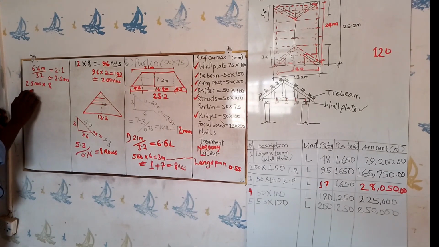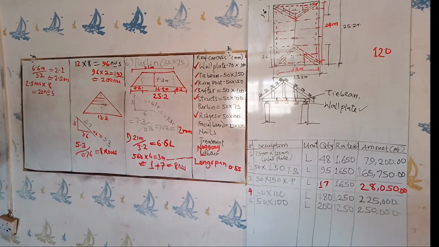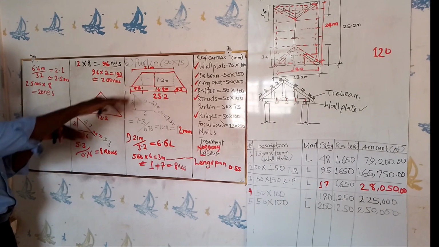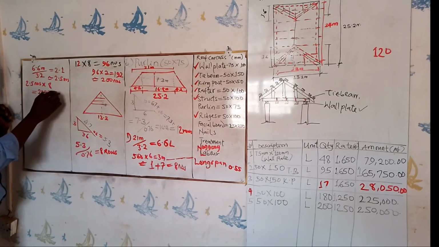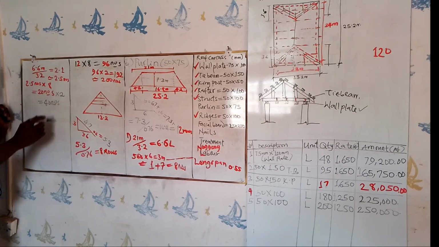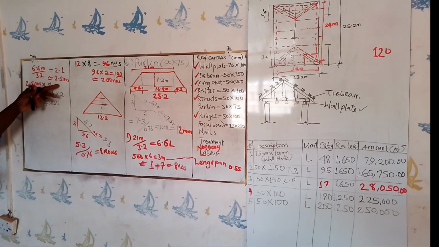That will give us what? 2.5 times 8, 20. That's for this side. Then times 2 for the other side. That's 40 numbers. I think you have considered it.